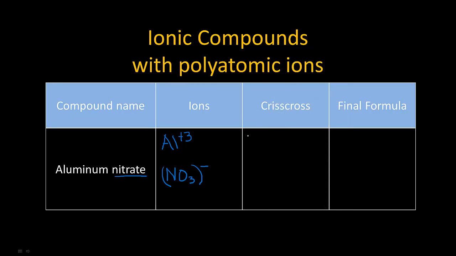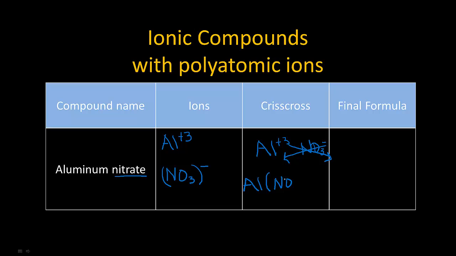So now we're going to do like we always do in our ionic compounds. We are going to crisscross. So we have an Al with a +3 charge and an NO3 with a minus 1 charge. That -1 is going to go down by the aluminum, and we never put 1s. This 3 is going to go down by the nitrate. Now, since there's more than 1, we have to put parentheses.